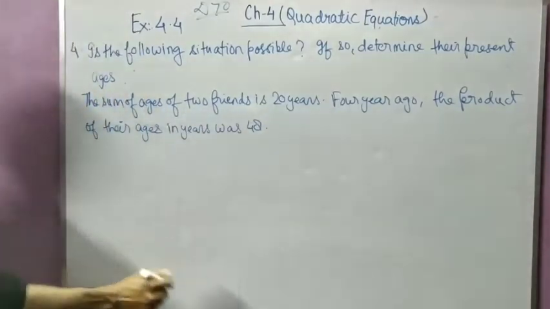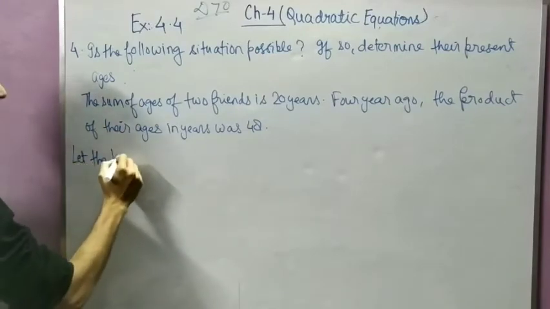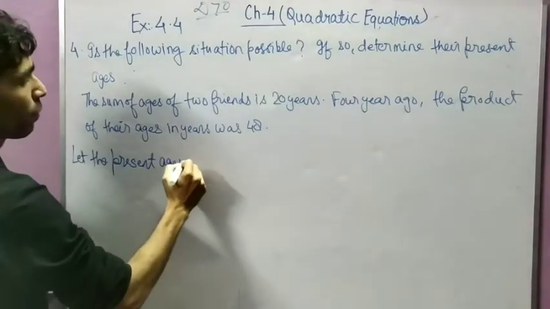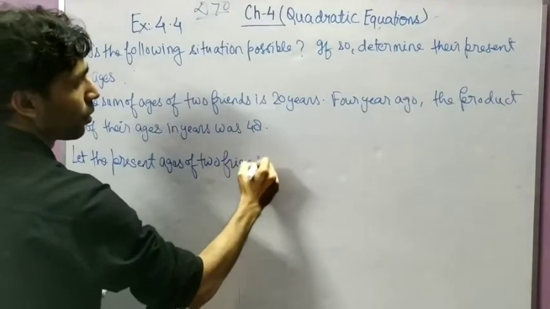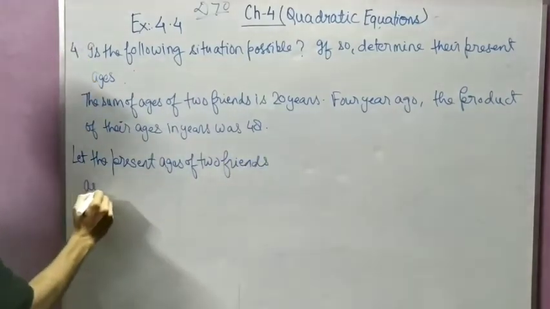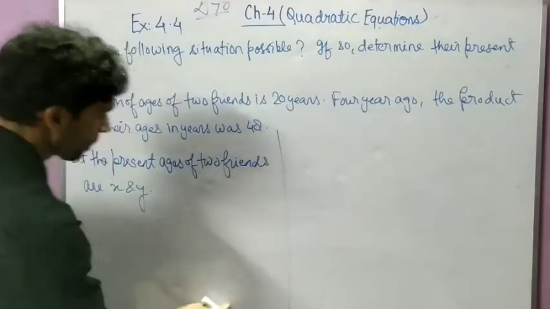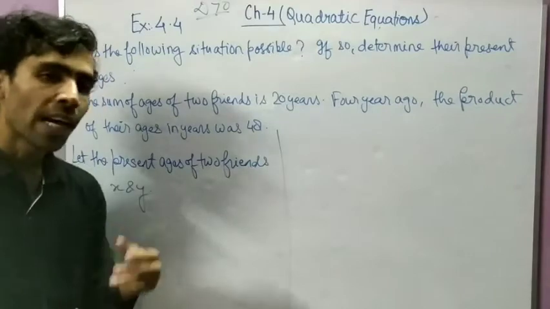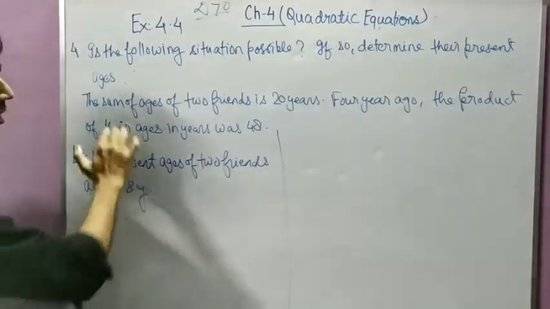So what we will assume: let the present ages of two friends be x and y. Suppose I assume, because two friends are there, so there will be two ages. So what is the first condition?